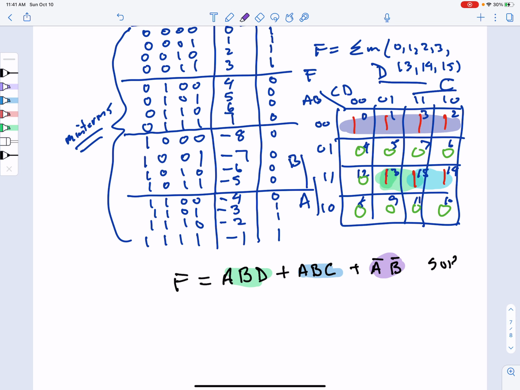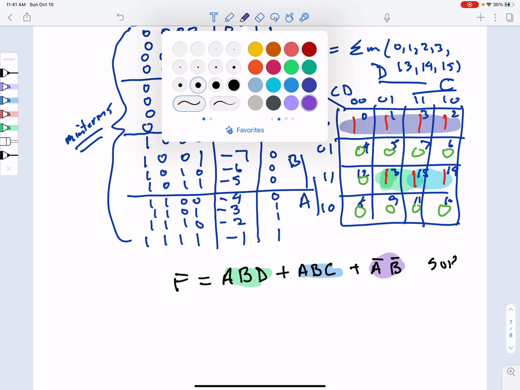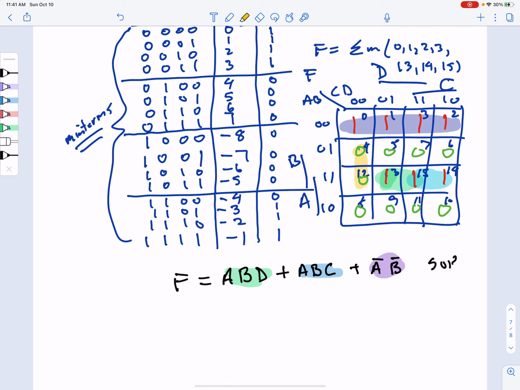One leads to a group of 4 for maxterms 4, 5, 6, and 7, and a group of 4 for 8, 9, 10, and 11.